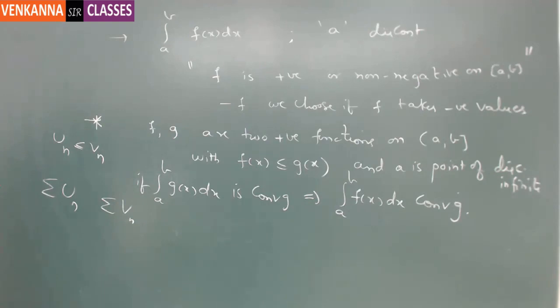So we consider the point of discontinuity for f only. However, it is the point of discontinuity for g too. So we are considering the point of discontinuity for both the functions. The same point is the discontinuity for both the functions.